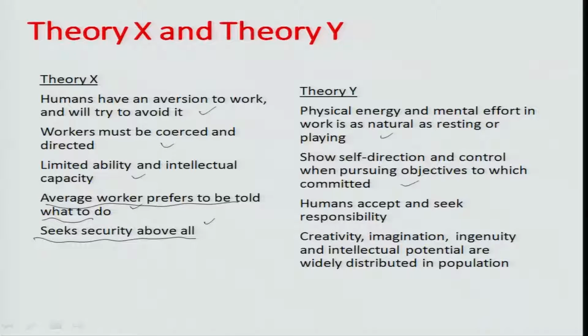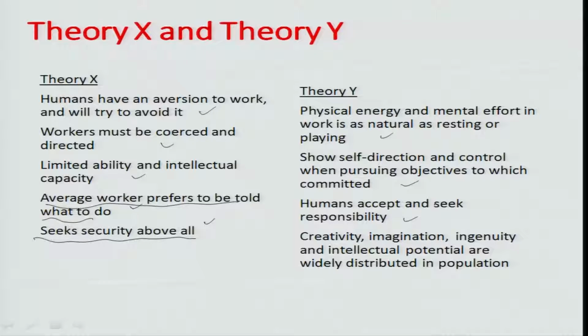It shows self direction and control when pursuing objectives to which commitments have been made. It accepts and seeks a degree of responsibility within each human factor which is involved in such a work system.